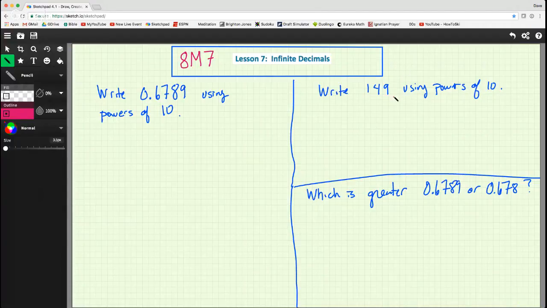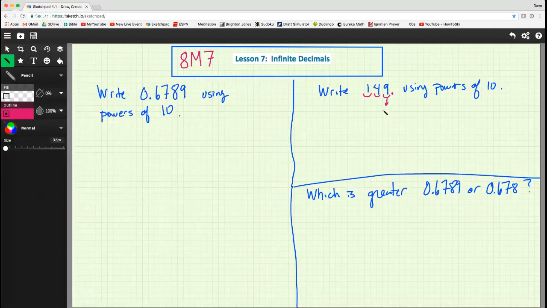And what we learned was that in our system of writing numbers, there's something special about each digit as we go to the left of the decimal point. And that is that each one is an additional power of 10. So what do I mean by that?